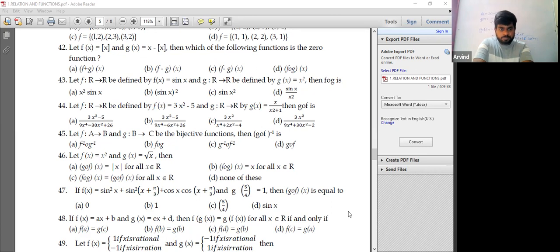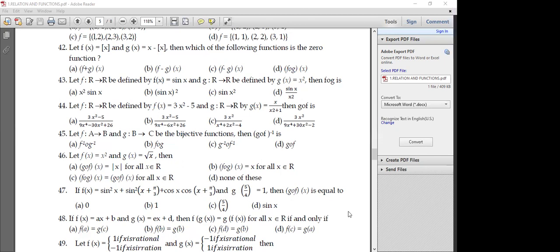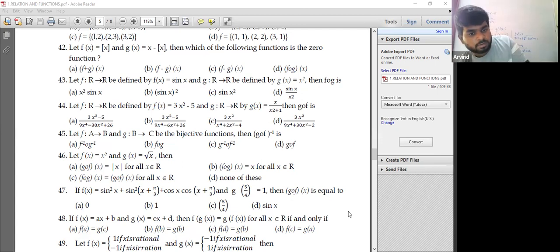Try it out. Sir, C. C, f circle g of x is equal to g circle f of x.